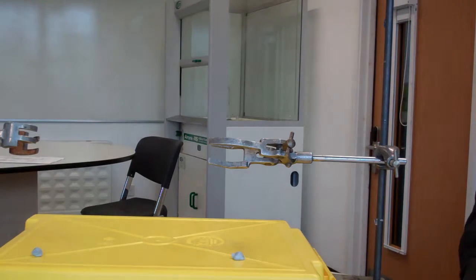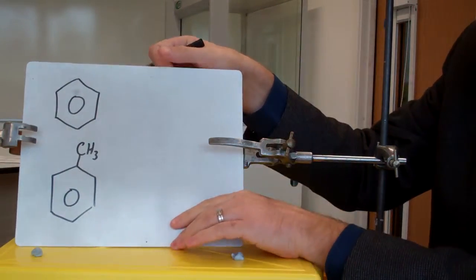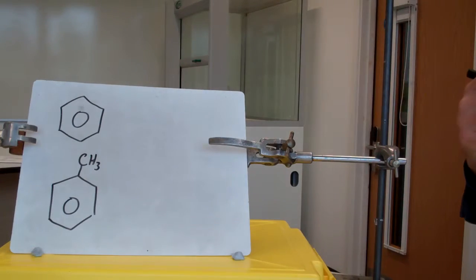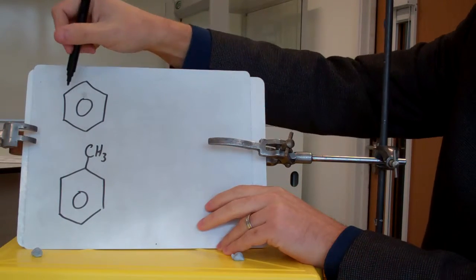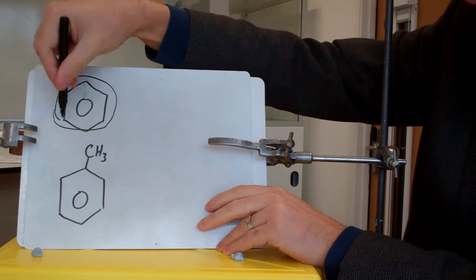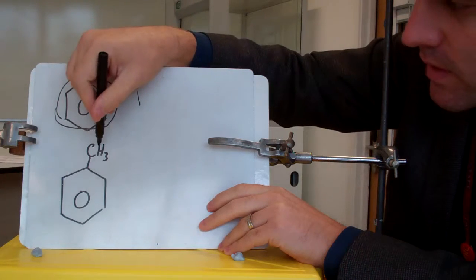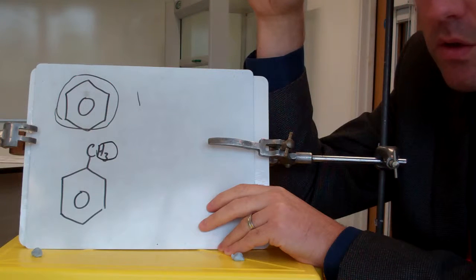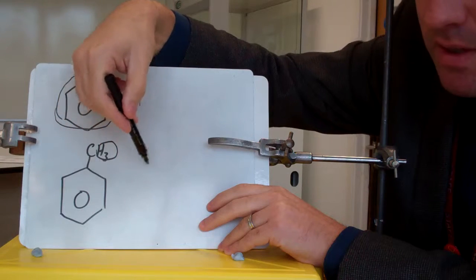We have a look at this one, benzene. In benzene itself, there's just one environment. Each one of these hydrogens is equivalent to each other. So it's just one peak, one hydrogen environment. When we add this, these hydrogens are different, obviously, and where this differs slightly to carbon NMR is we don't differentiate in benzene the different hydrogens.